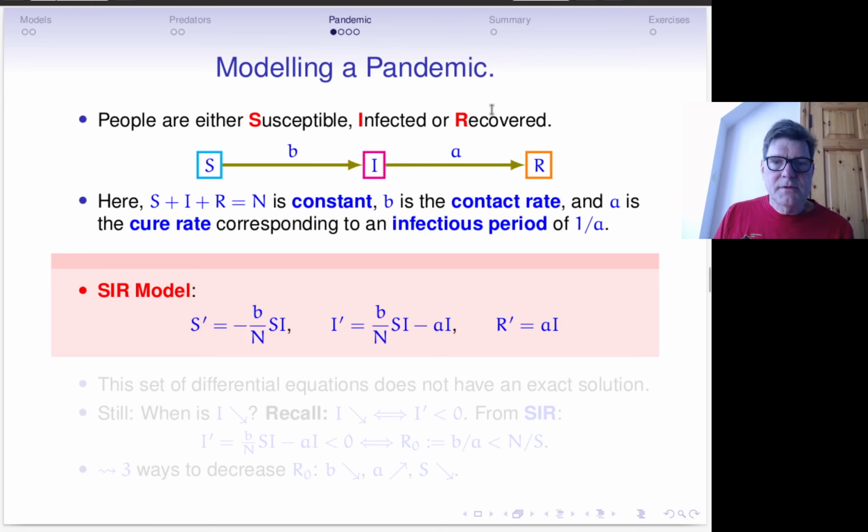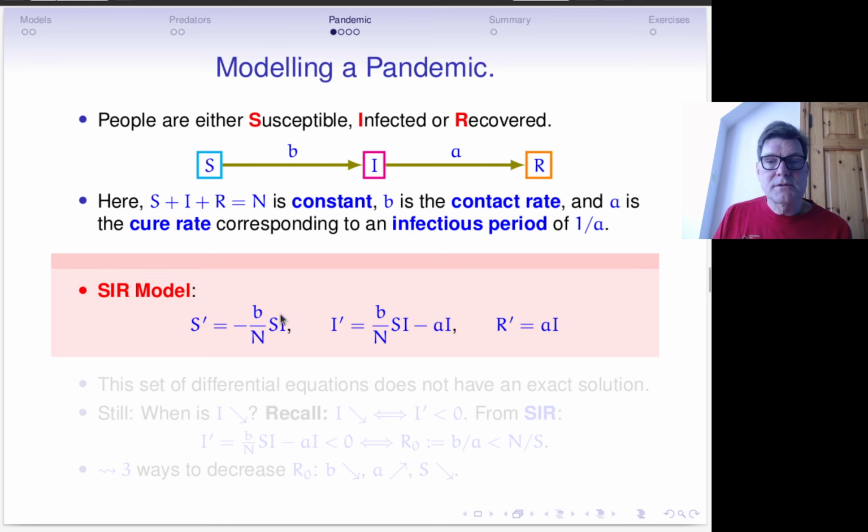And this is described by three differential equations which express the rate of change of each of these three parts in terms of the current sizes of other parts.